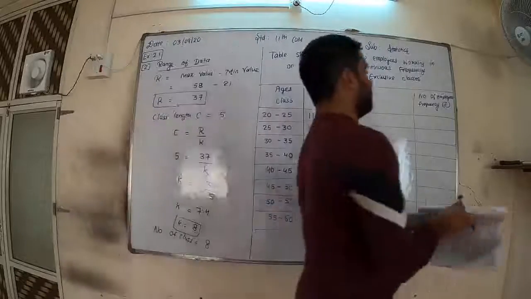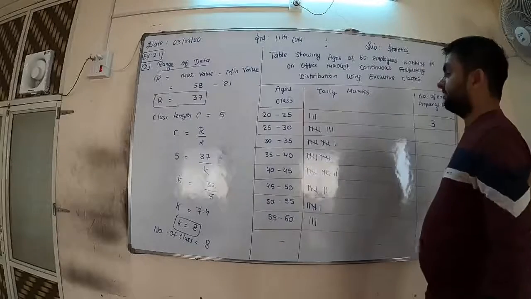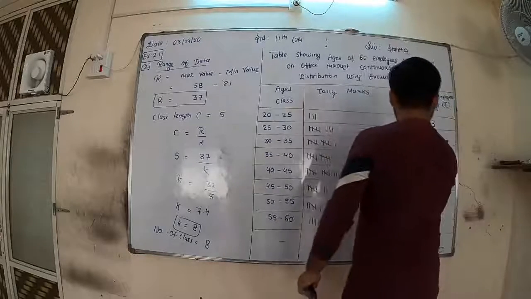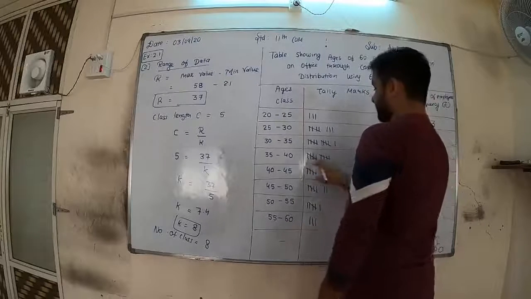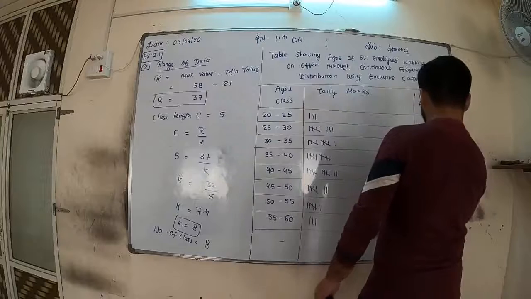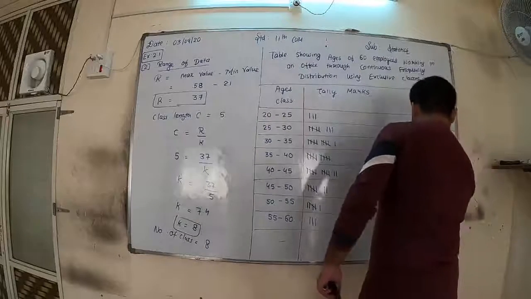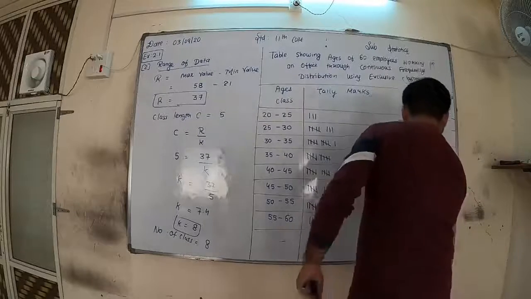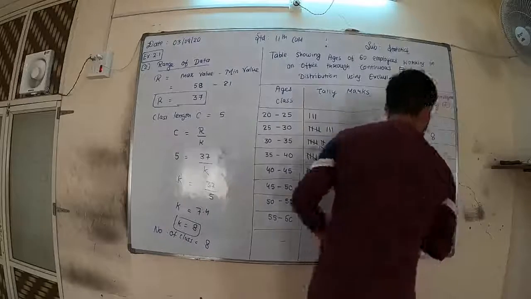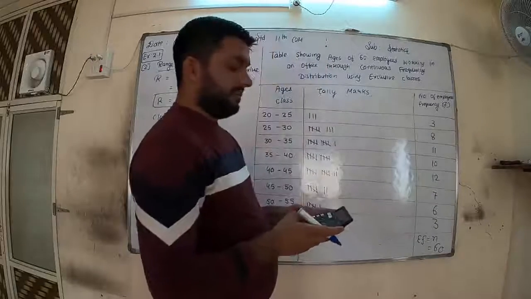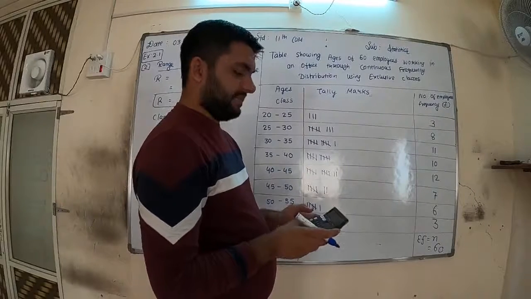Now let us check if the total is correct or not. 3, 5 plus 3 is 8, 5 plus 5 is 10 plus 1 is 11, 5 plus 5 is 10, then 5 plus 5 is 10 plus 2 is 12, then here 7, 6, 3.